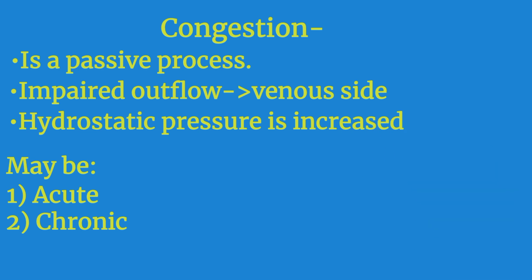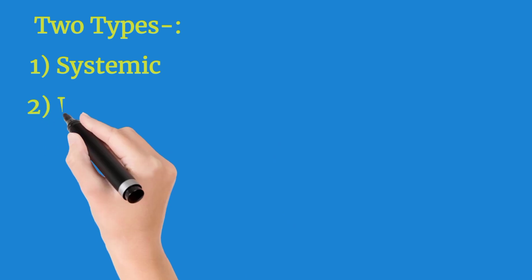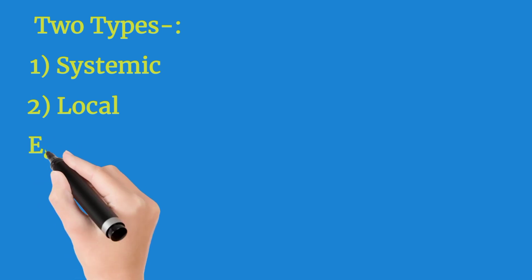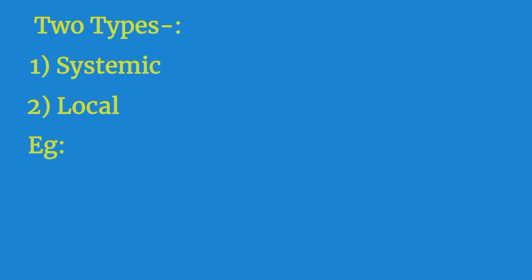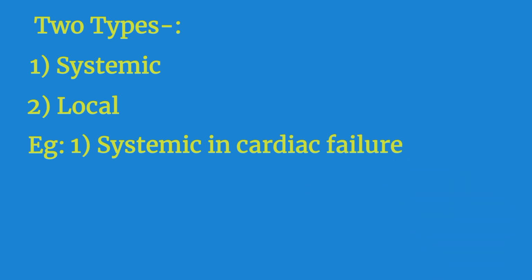The question which can be asked in exam is the difference between hyperemia and congestion. But before that, you should also know that congestion is of two types, systemic and local. Examples of congestion: systemic in cardiac failure, reduced outflow of blood from a tissue, isolated in venous obstruction.